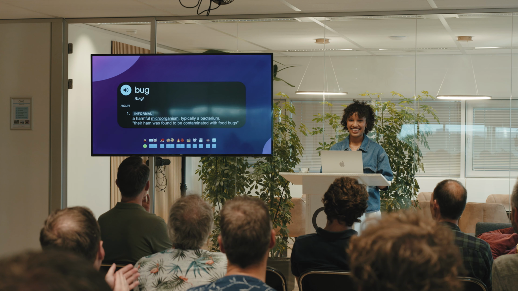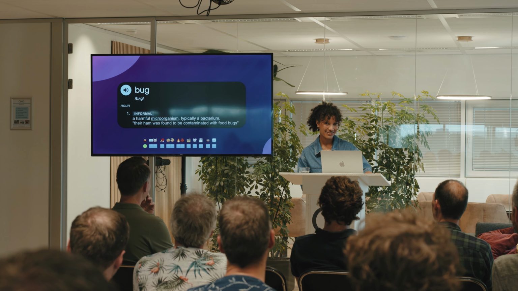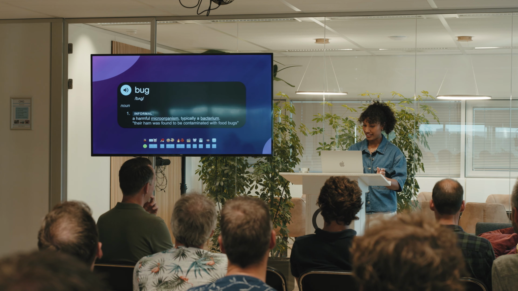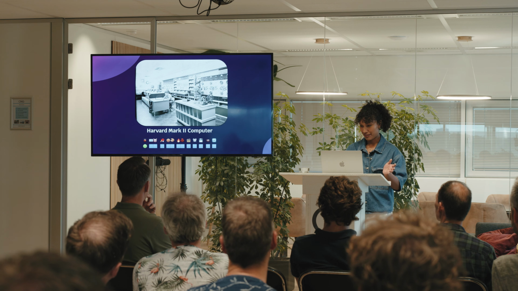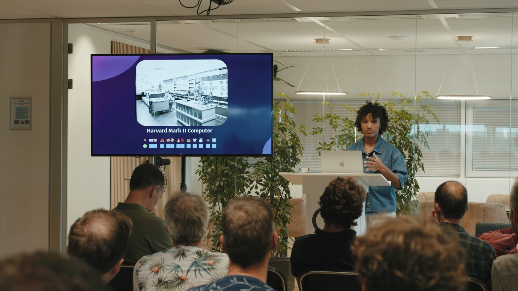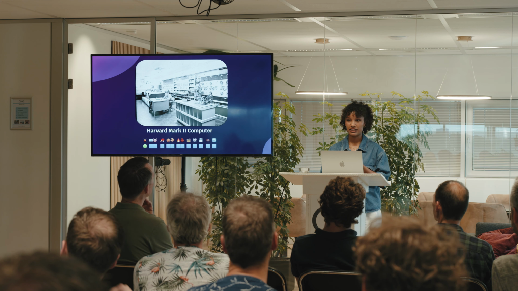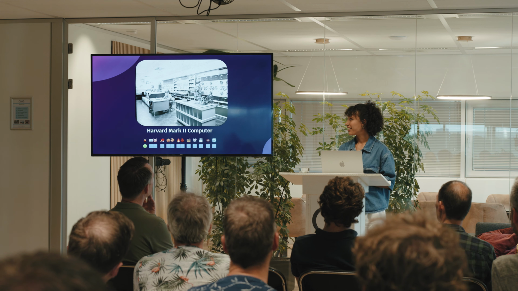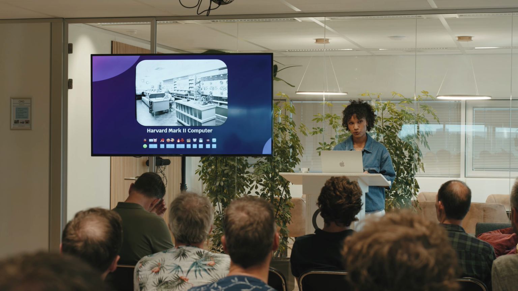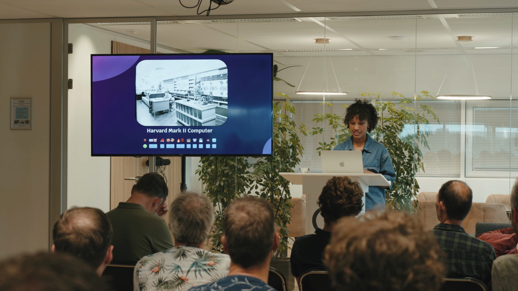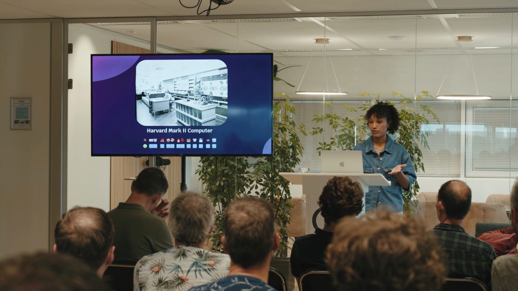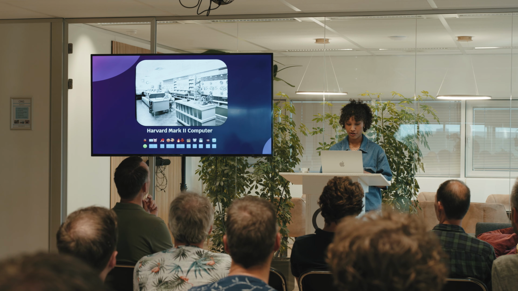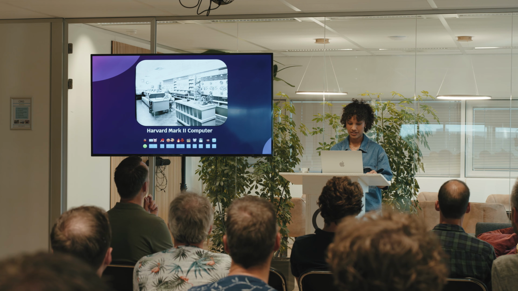The same thing is used to describe technical glitches in tech. And the first time a technical glitch was named a bug was in this Harvard Mark II computer. And at that time, something went wrong. I don't know exactly what went wrong, but we'll figure it out soon.